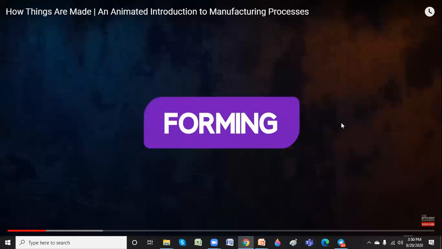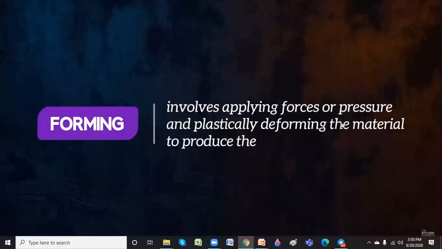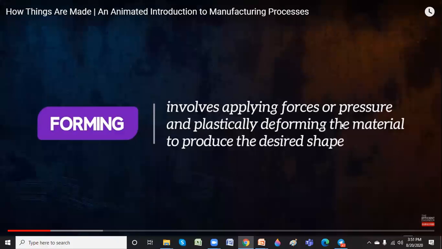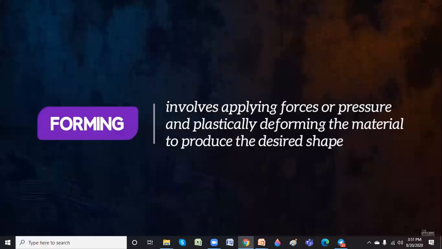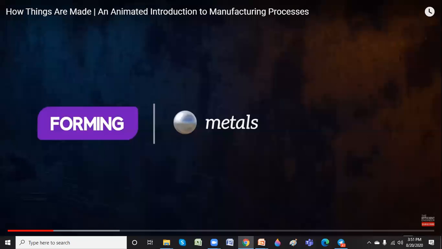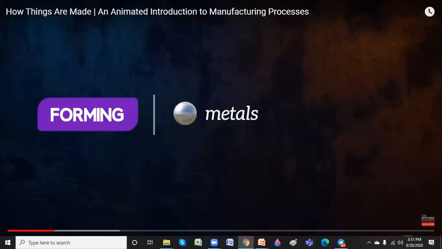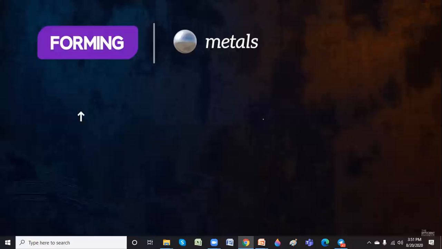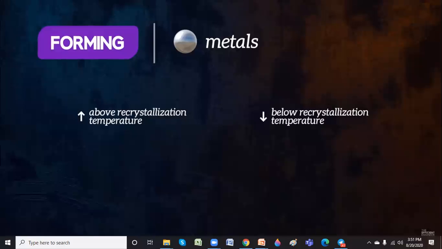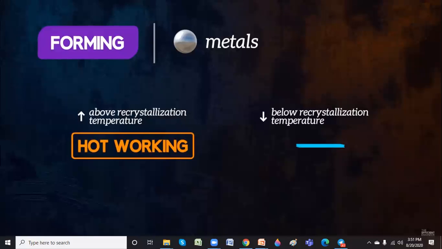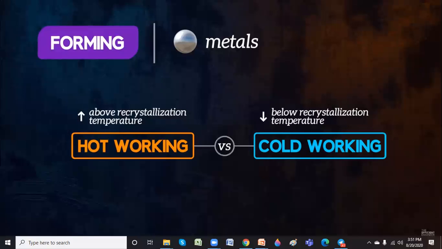Forming involves applying forces or pressure and plastically deforming the material to produce the desired shape. It is typically used for metals. Most forming processes can be done when the metal is either above or below its recrystallization temperature. This is known as hot or cold working. Hot working makes it easier to plastically deform the metal.